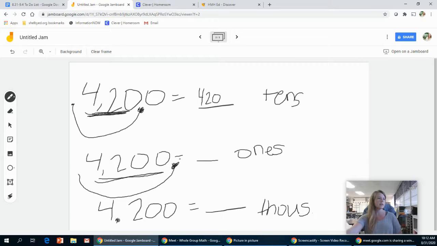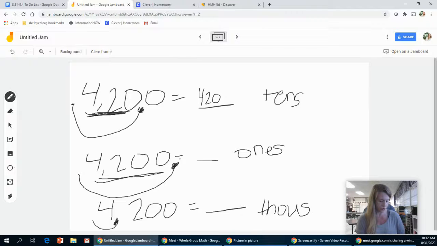Here's my thousands place, and I'm going to scoop to the beginning. Is that equal to 420 thousands? No. How many thousands is in that scoop? 4. So is F our answer? Nope. F is not our answer. So our answers are A, C, and D.